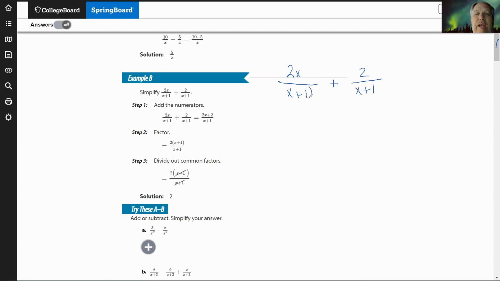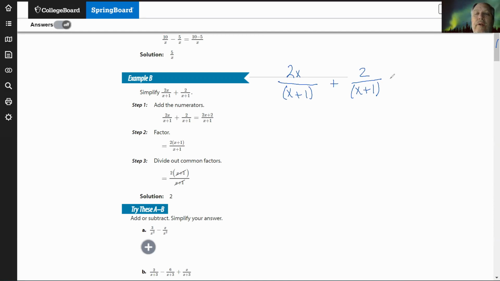Though we don't have them, we can imagine these having parentheses around them, so it's easier to see they are exactly the same. The binomial x plus 1 is the denominator in the first term, and x plus 1 is the denominator in the second term.